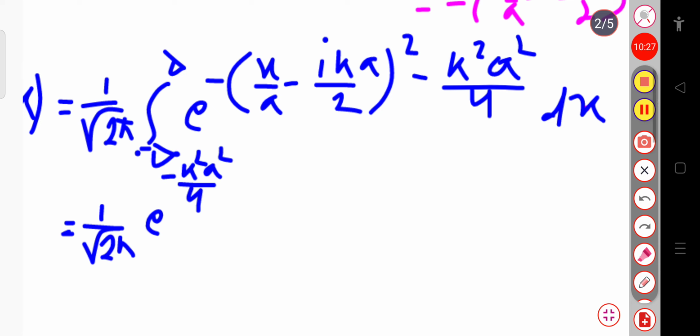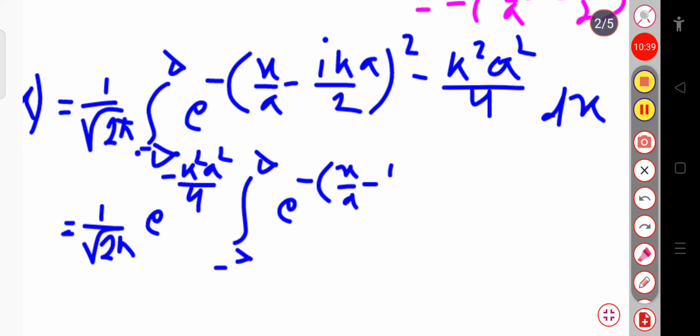Then integration over minus infinity to plus infinity exponential minus x by a minus iota k a divided by 2 whole square into dx.